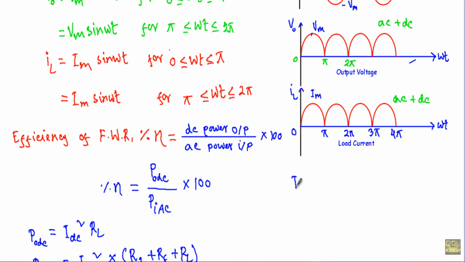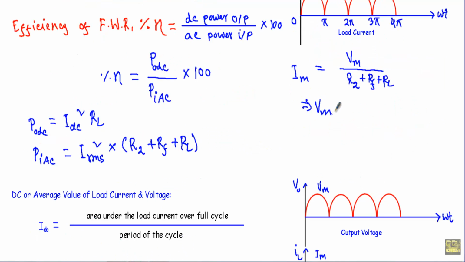Im equal to Vm divided by the secondary winding resistance R2 plus diode forward resistance Rf and the load resistor RL. If we ignore the value of R2 and Rf, I will get Vm equal to Im into RL.